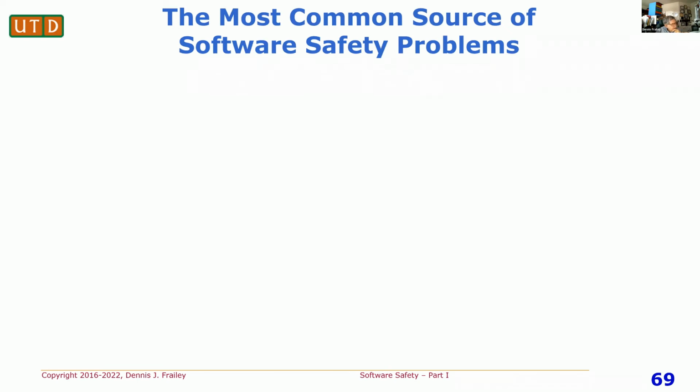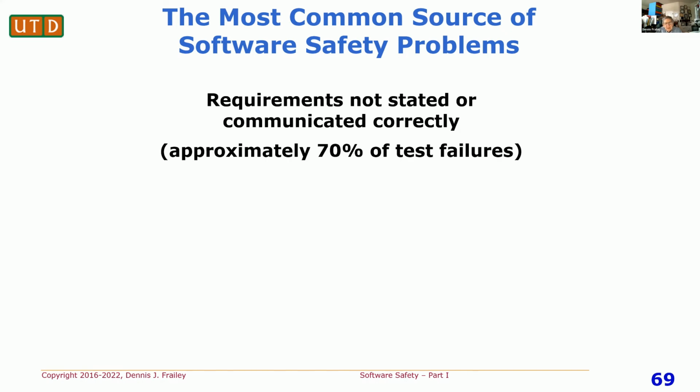Okay, now let's talk about some software safety problems that are very common, and in particular, the reasons for those problems. Turns out that over 70% of test failures are attributable to requirements problems. Either the requirements were not stated correctly, or they weren't communicated correctly, or they weren't understood.